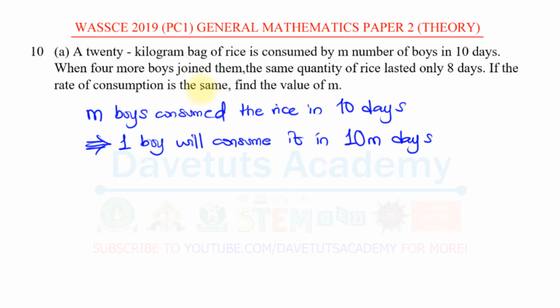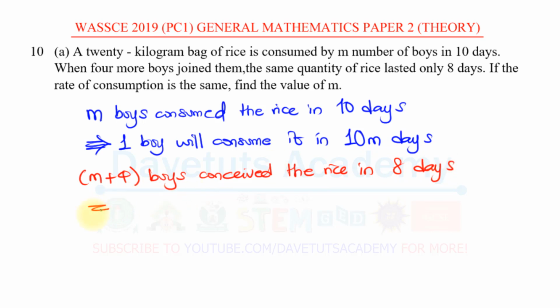And then in the second case, we are told that when 4 more boys joined them, meaning that we are having M plus 4 boys consuming the rice in what? In 8 days.